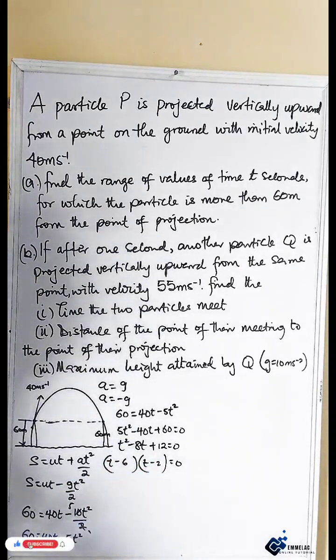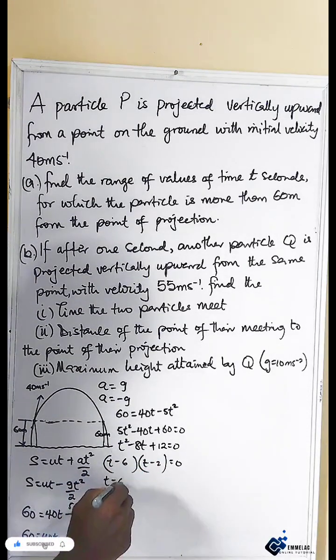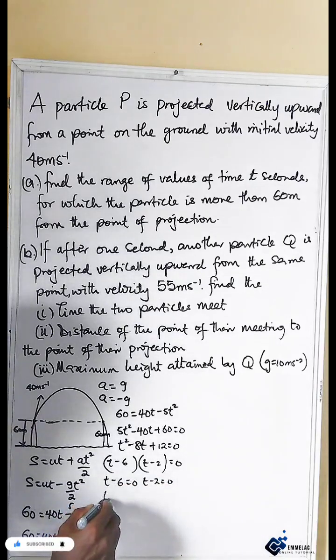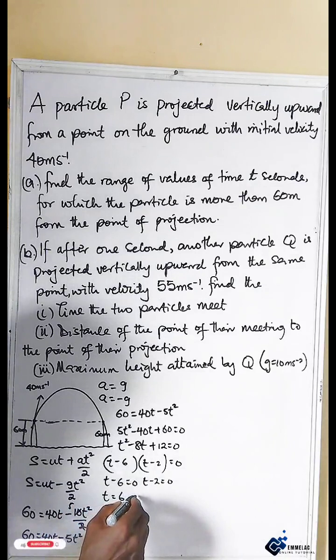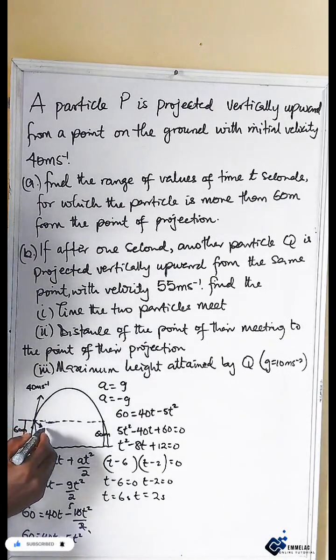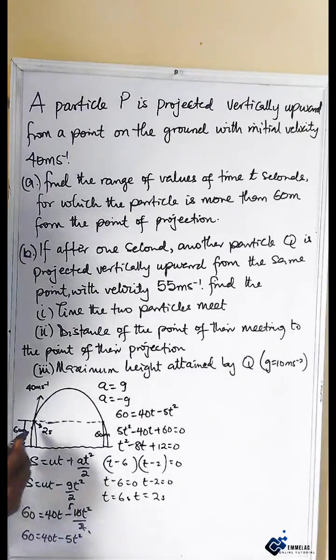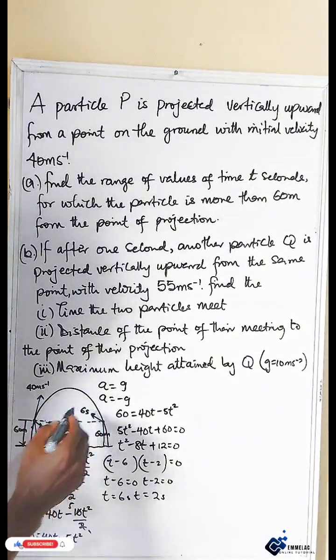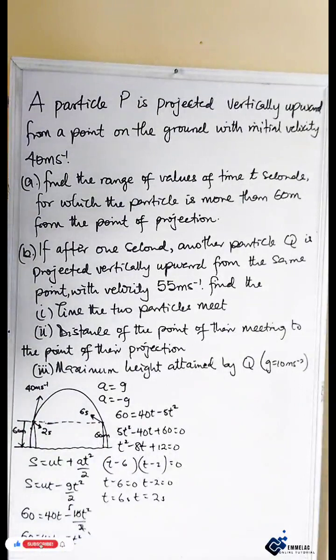So t minus 6 equals 0 and t minus 2 equals 0, which gives t equals 6 and t equals 2 seconds. It implies that as the object is being thrown, on getting here is at 2 seconds, and moving over, on getting here is at 6 seconds. All right, so that's that.